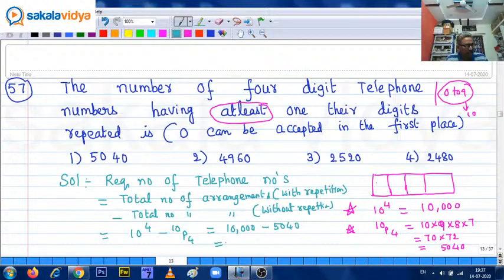If you subtract 5040 from 10,000, you get 4960. You can check it. Second option is the correct option. Very good. Wonderful. Good job.